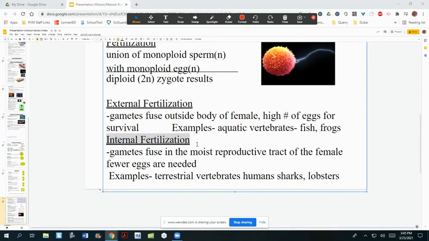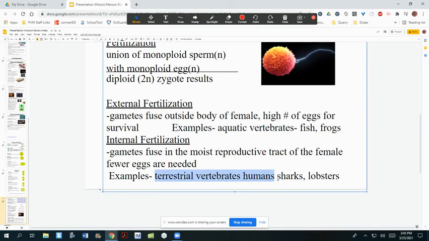As you probably realize, sperm need to be able to swim. So if you have limited access to water, you need a moist reproductive tract in order for those sperm to move. So terrestrial vertebrates like humans, or all mammals for that matter, aquatic or terrestrial, all do internal fertilization.